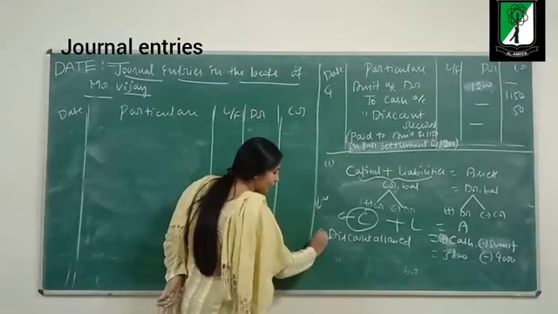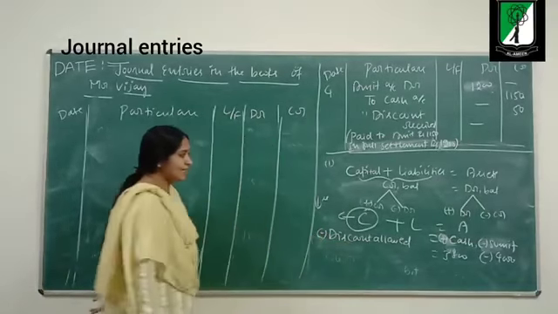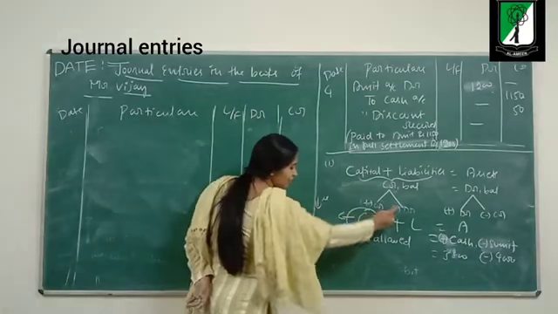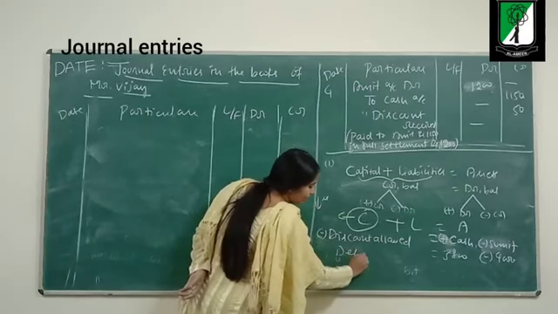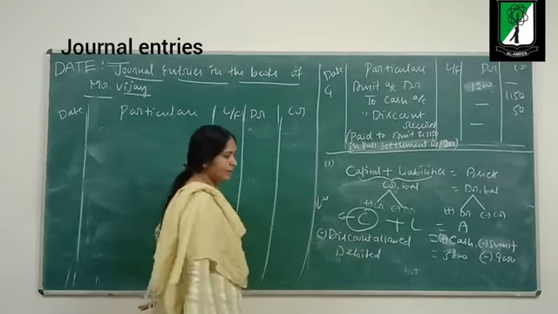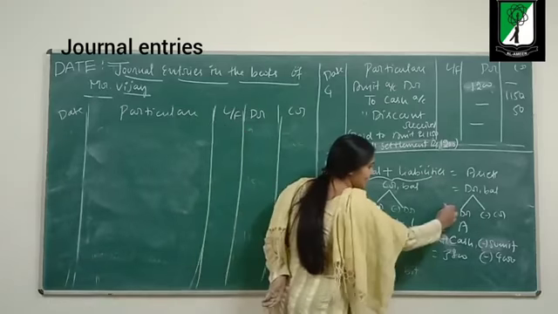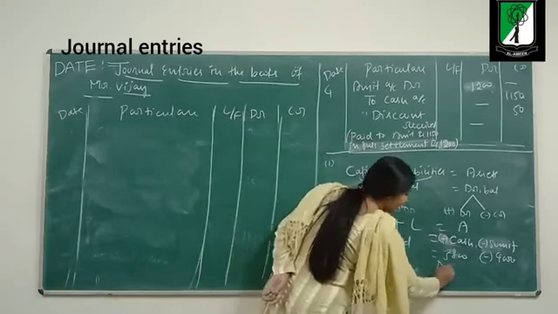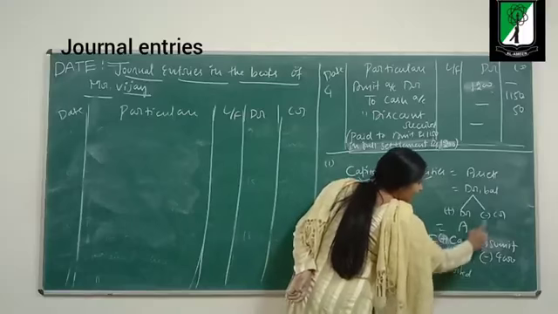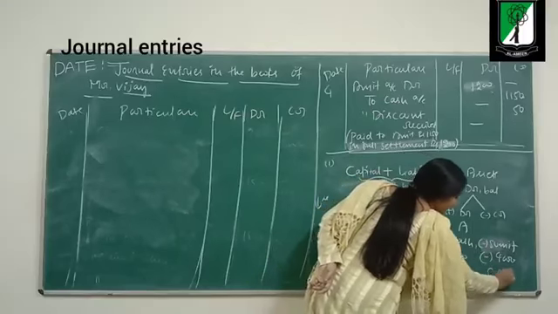Decline in capital should be debited, increase in asset should be debited, and decline in asset should be credited.